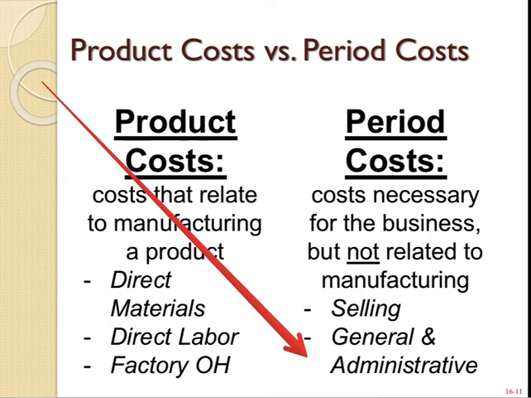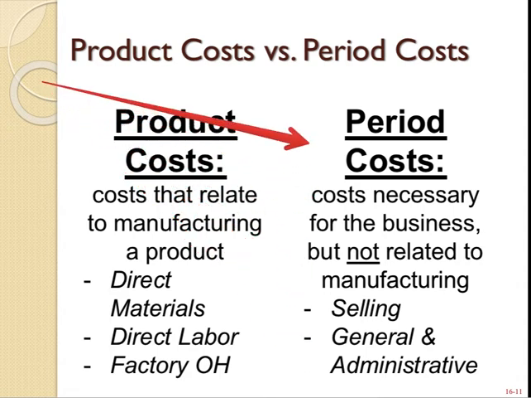If there's no manufacturing done there, the rent on that, the utilities on that all fall under general administrative because it's not related to the manufacturing process. Okay, so your inventory costs do not include anything not related to manufacturing. Those are period costs. They are treated differently than product costs. Okay, product costs, what has to do with manufacturing, actually go into the cost of your inventory.